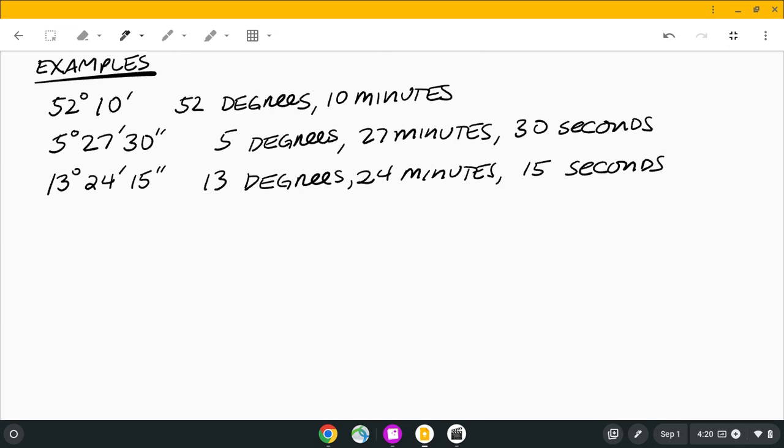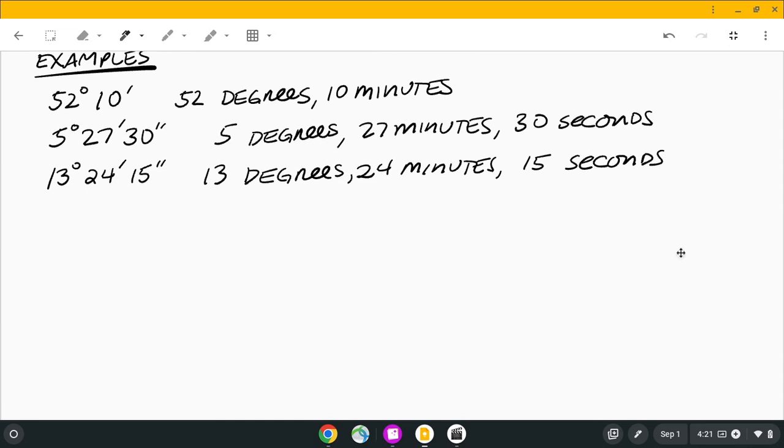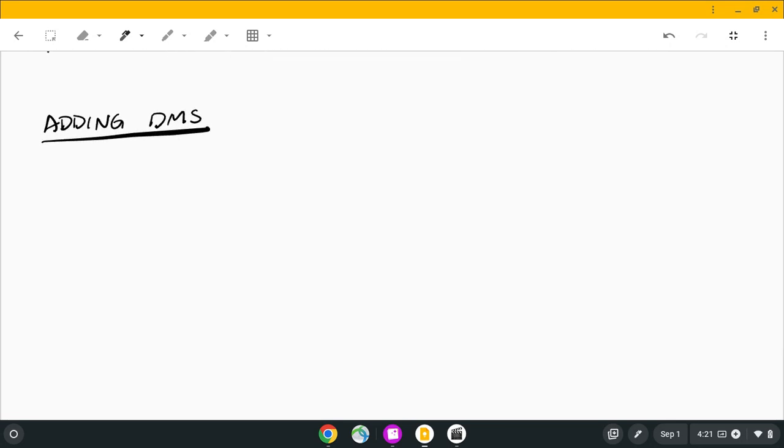All right. And then we can do some computations with degrees, minutes, seconds. So let's take a look at adding DMS. We can add them together. With adding, you have to keep in mind that once you hit 60 minutes, you don't say 62. You can't go beyond 59, because once you have 60 minutes, that's equivalent to 1 degree.